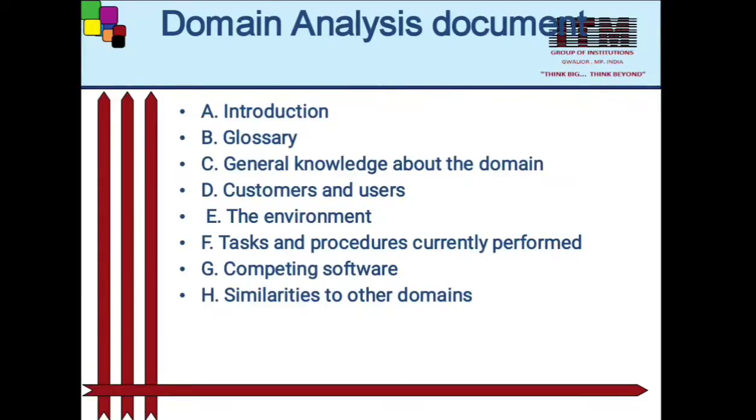Now the next one is general knowledge about the domain. In this phase, we summarize important facts or rules that are widely known by the domain experts and which would normally be learned as part of their education. Such knowledge includes scientific principles, business processes, analysis techniques, and how any technology works.